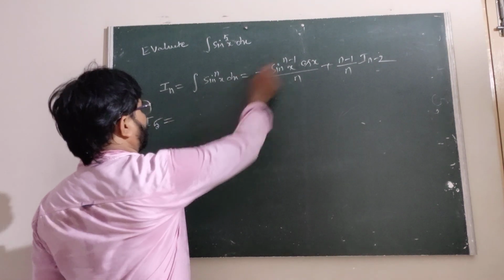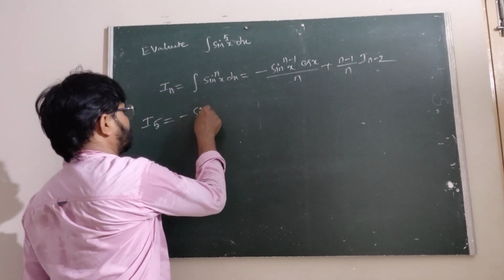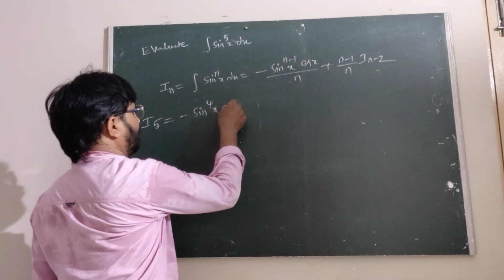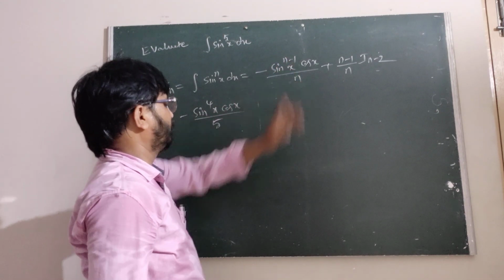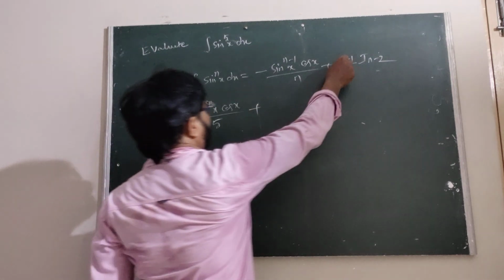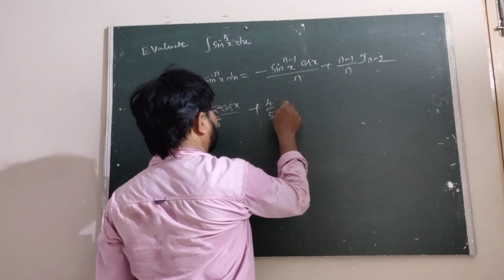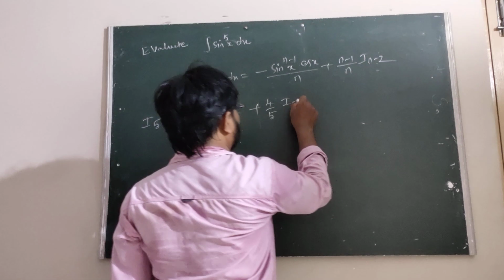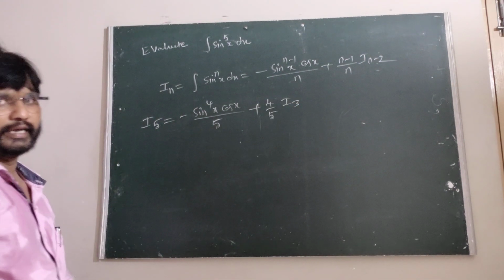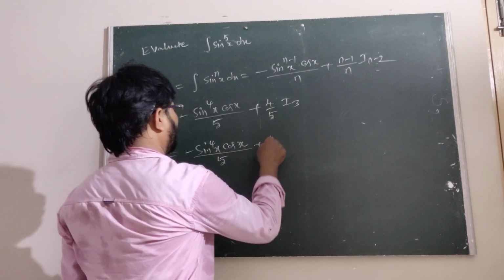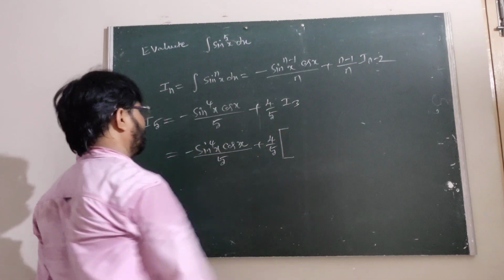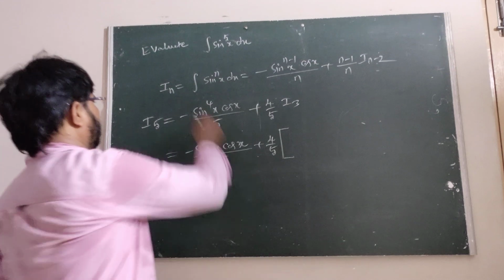Put n equal to 5: minus sin^4 x cos x by 5, plus 5 minus 1 is 4 by 5, and 5 minus 2 is 3. Is it clear? Now we can write minus sin^4 x cos x by 5 plus 4 by 5 into I_3. I_3 is n equal to 3.